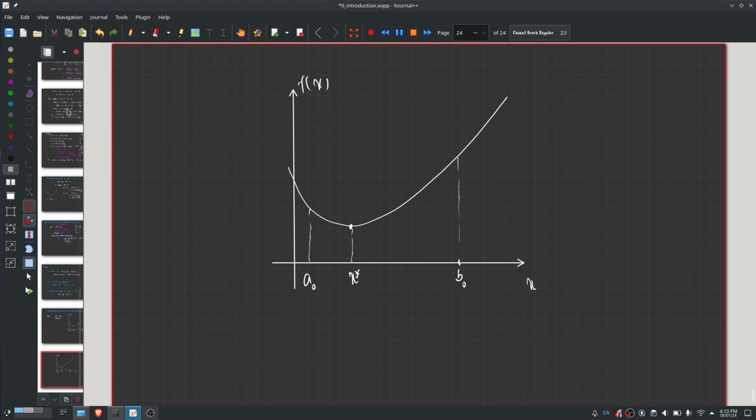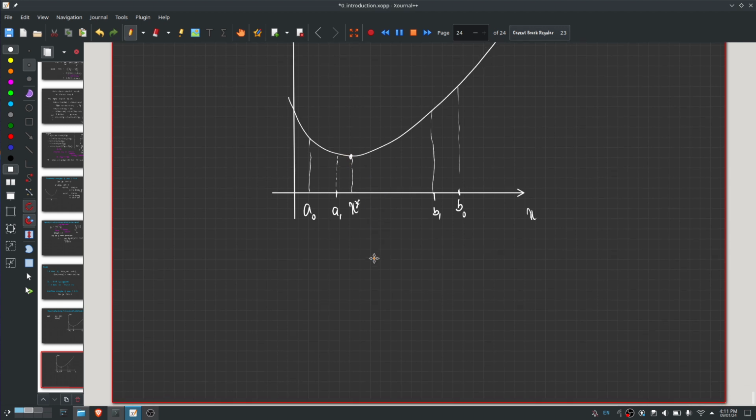Let me construct two other points. So I'll take 2 points A1 and B1, where A1 is to the right of A0 and B1 is to the left of B0. Okay. And suppose I evaluate the function at these 2 points. So basically at all these 4 points.